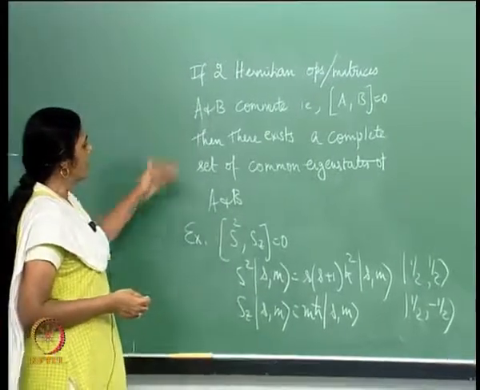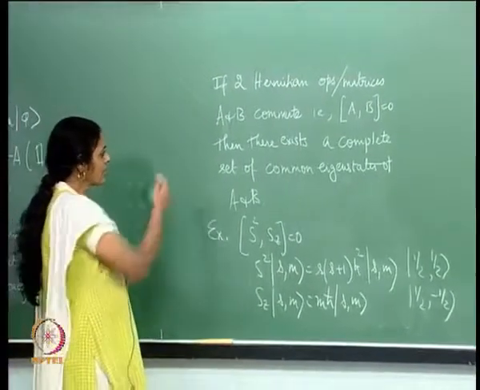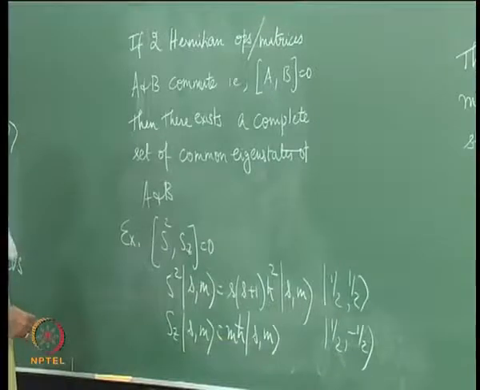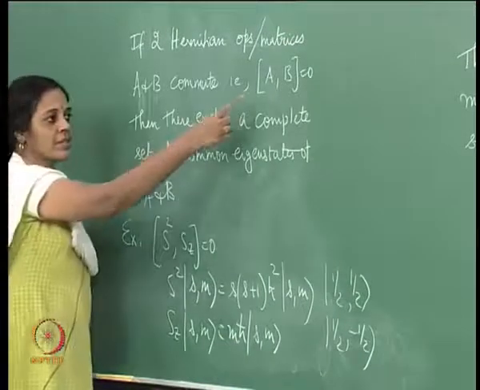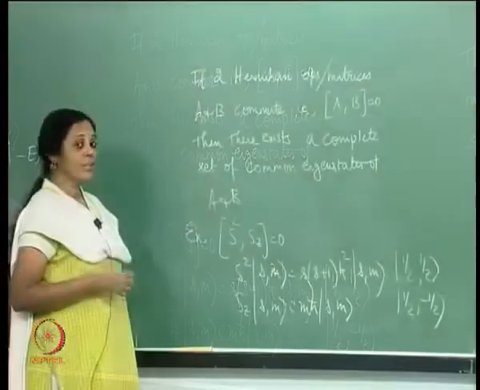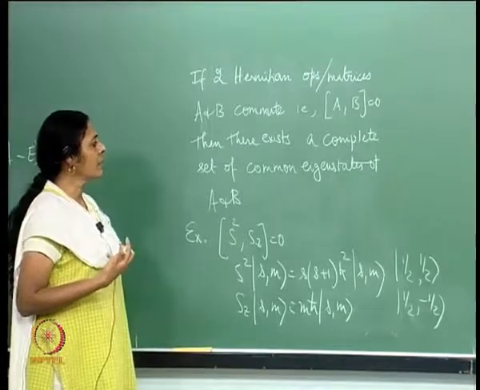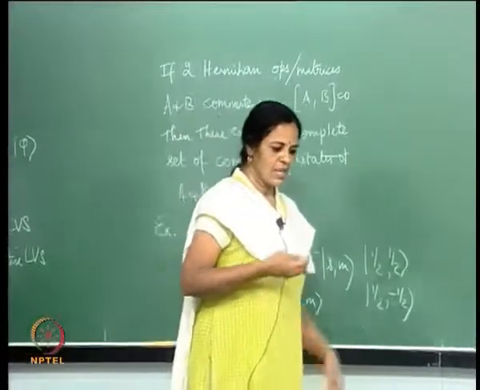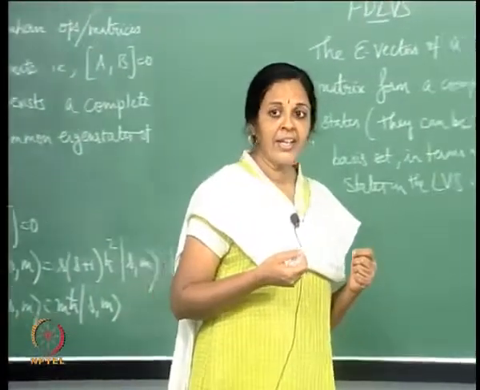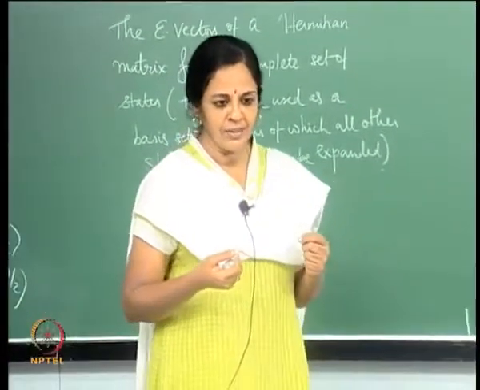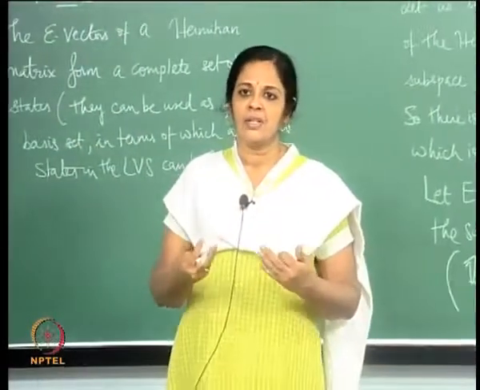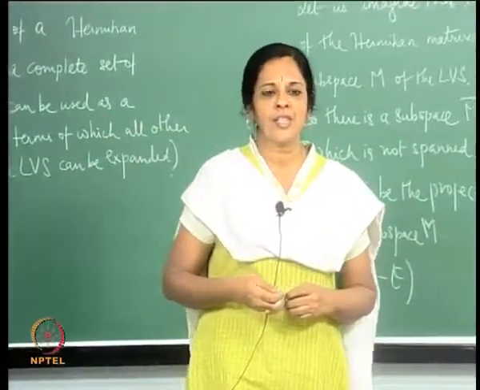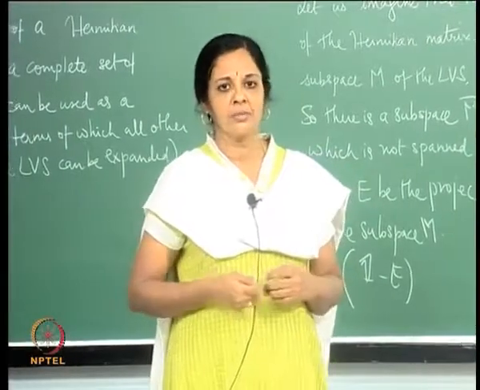We now have to establish this statement that in general if two Hermitian operators A and B commute, then you are guaranteed that there exists a complete set of common eigenstates of A and B. So that if you measure A and B in the system simultaneously, the system will collapse to one of this complete set of common eigenstates after the measurement.